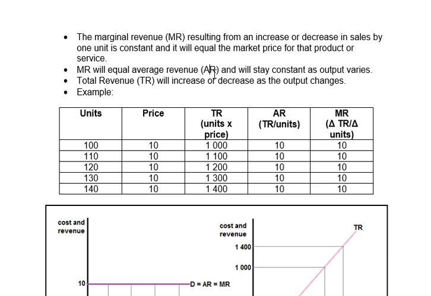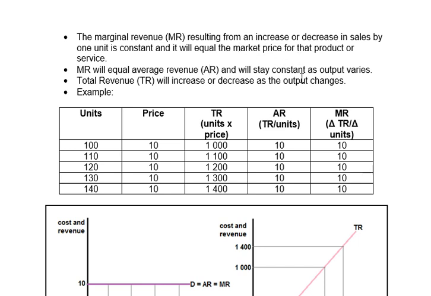In the perfect market, and only in the perfect market, your marginal revenue will equal the price, because your price stays constant. If my price is 10 Rand, every single time I sell another one, I'm going to get another 10 Rand and another 10 Rand and another 10 Rand. So only in the perfect market, my marginal revenue will always equal the market price.